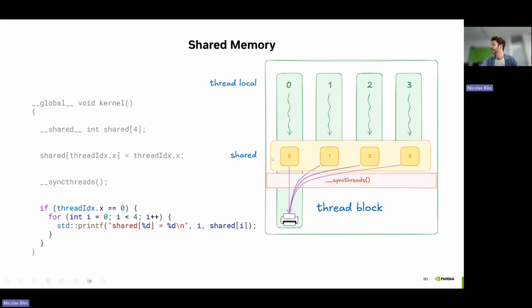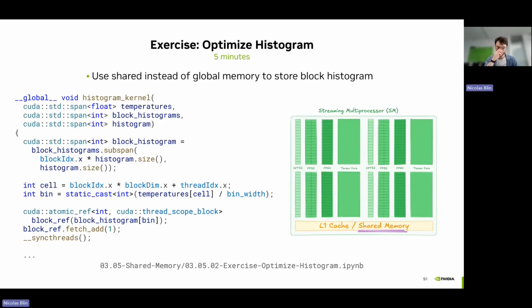That's why, after we have done the writes and the __syncthreads, thread 0 is able to see them. And we know it's able to see because when we print the result, we correctly see 0, 1, 2, 3. That's because __syncthreads allows all the threads in the thread block to see all the modifications made by the other threads in the same thread block.